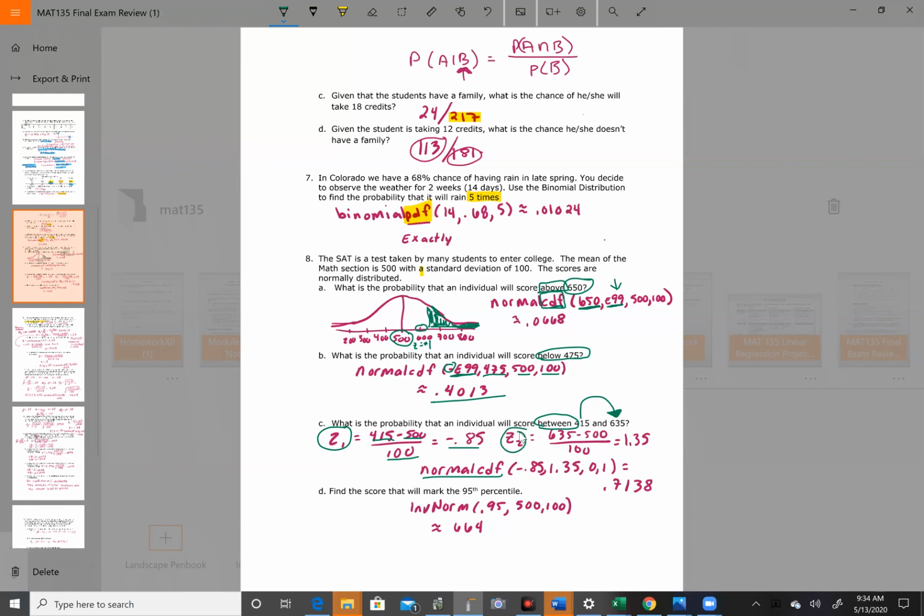To find z2, you put the upper bound, 635 minus 500 divided by 100, so you get 1.35. So what we're trying to do is find the probability that an individual will score between negative 0.85 and positive 1.35. Our lower bound is negative 0.85, our upper bound is 1.35, and since we're using standard scores, we're going to use 0 as the mean and 1 as the standard deviation. And this is the probability that you're finding in between them.